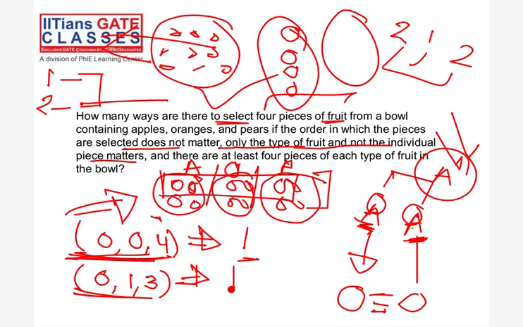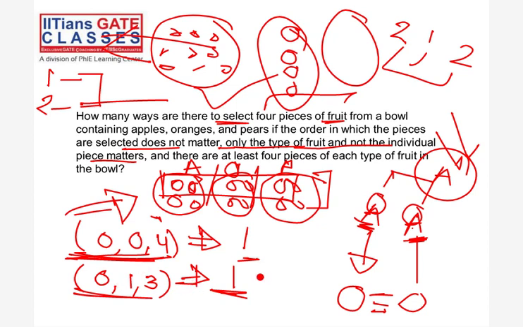So there is only one way. Why? Because you are not picking any apple. Now you are taking your basket to the orange counter, and you are picking one orange. One orange you can pick only in one way, right? Then you are going to the pears counter, and then you are picking three. So you see, there is only one way to do this. You can pick one orange and also three pears.